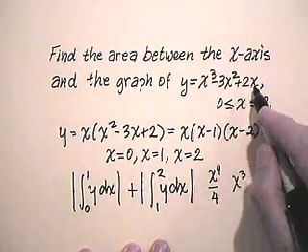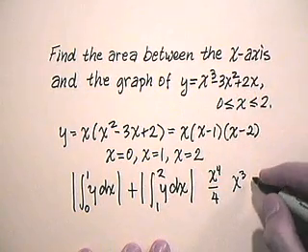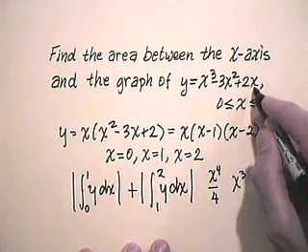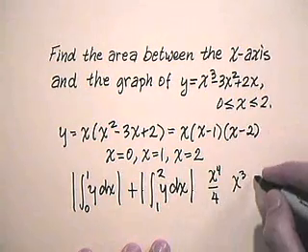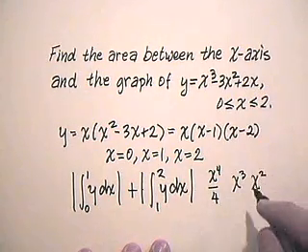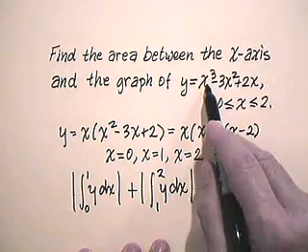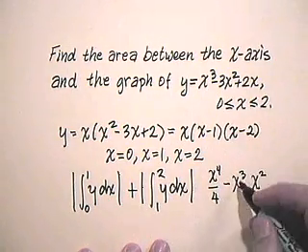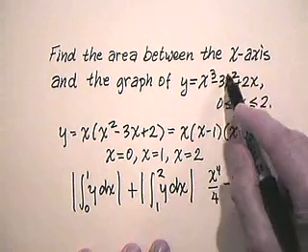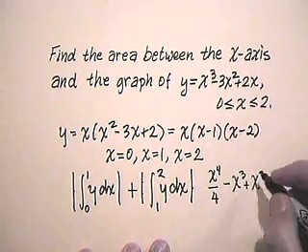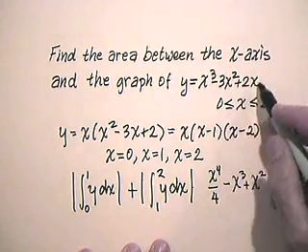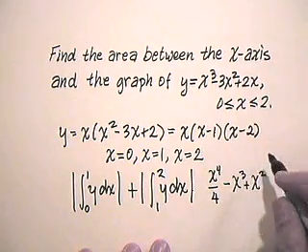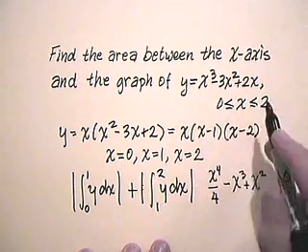And 2x itself is the derivative of x squared. So consequently, x to the fourth over 4, minus x cubed, which is the antiderivative of 3x squared, plus x squared, which is the antiderivative of 2x, will be an antiderivative for y.